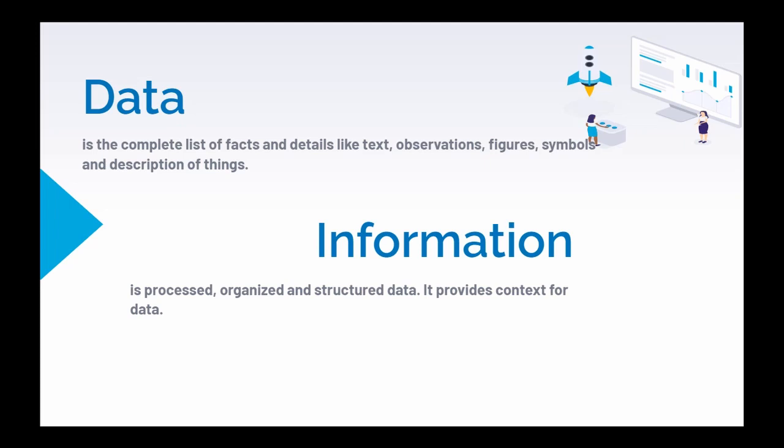So generally, they are the raw list of facts that are processed or will be processed to gain information. On the other hand, information is processed data, organized and structured data. It provides the context for data.